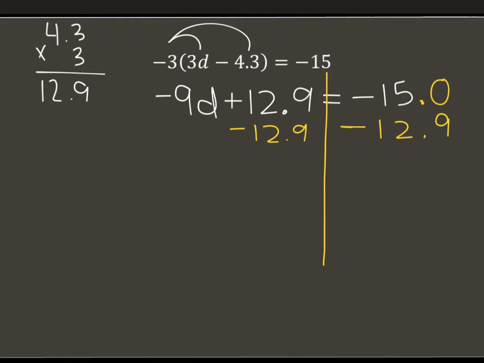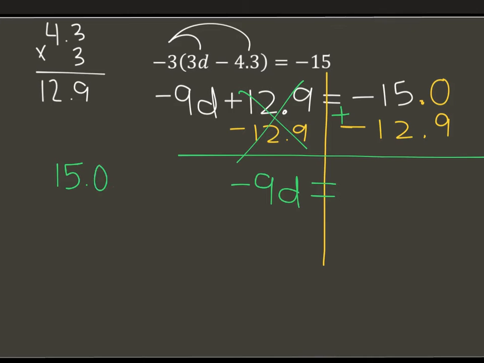Change it to a plus sign, which changes it to a negative 12.9. When I do that, on the left side, I'm left with negative 9d. Bring down my equal sign. And then using my adding rules, I have same sign, add, and keep. So it's 15.0. I'm adding 12.9.